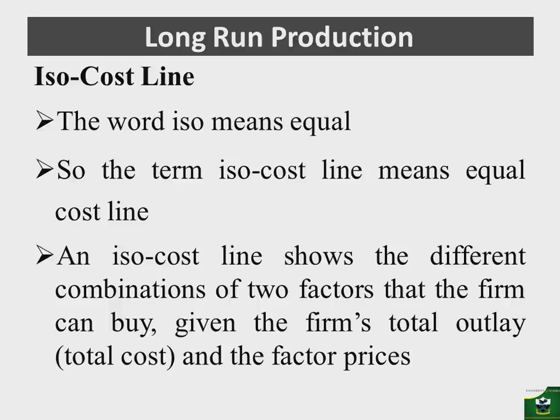Now, it is these two items, the cost of labor and the cost of capital, that bring about the total cost of the firm. When we have all the amounts of capital and all the amounts of labor that the firm is bringing into the production process, then we will have the total cost for the firm.